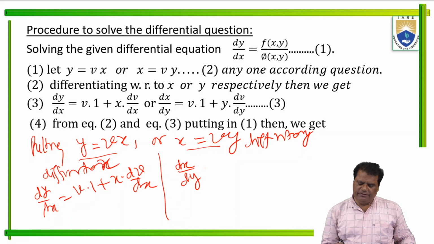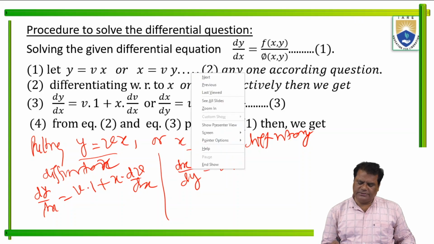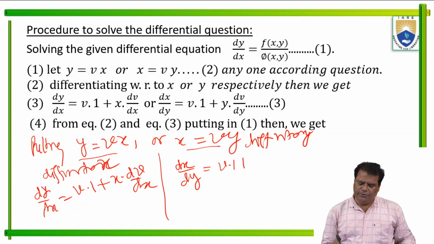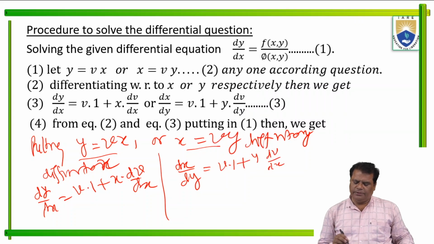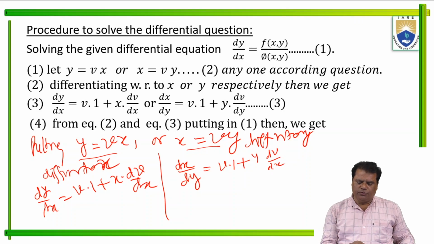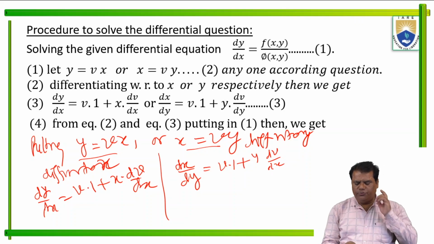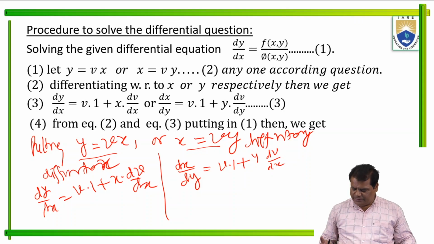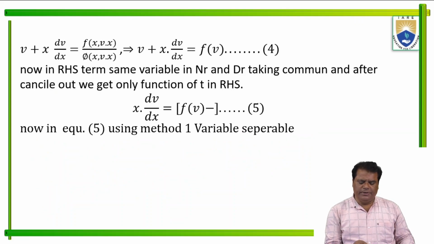So dx/dy = v·1 + y dv/dy. Okay, so these values are put in equation 1. From equations 2 and 3 putting in 1, we get v + x dv/dx, and x is replaced by vx.